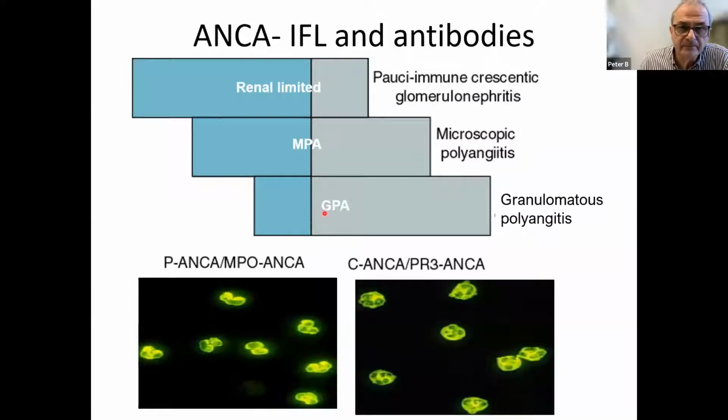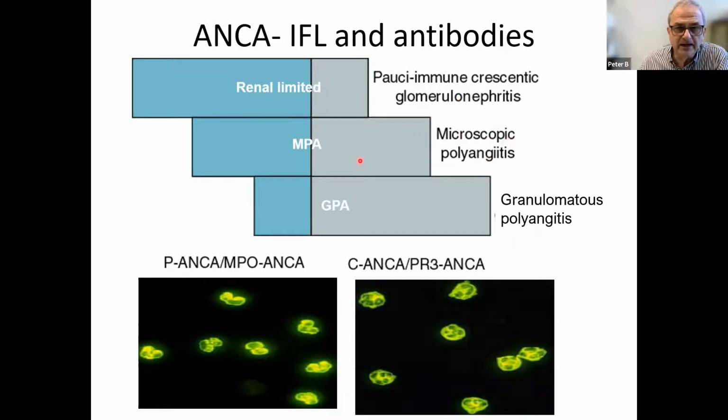And there's overlap between the clinical pictures. We have the renal limited form with no or only minor systemic signs of vasculitis, which is often also called pauci-immune crescentic glomerulonephritis.